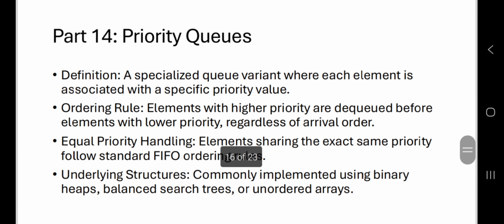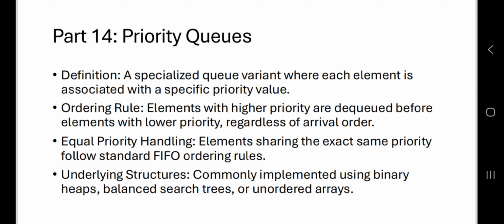Next, let us look at the specialized variant in part 14, the priority queues. A priority queue is a specialized queue where every element is associated with a specific priority value. The ordering rule here is simple.